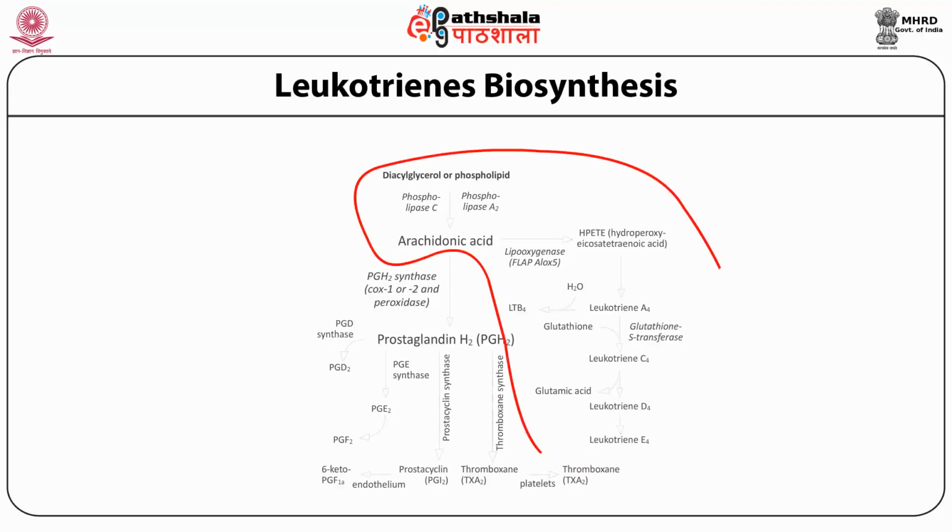Both cysteine leukotrienes and LTB4 are partially despoiled in neighboring tissues and eventually happen to be inactive metabolites in the liver.